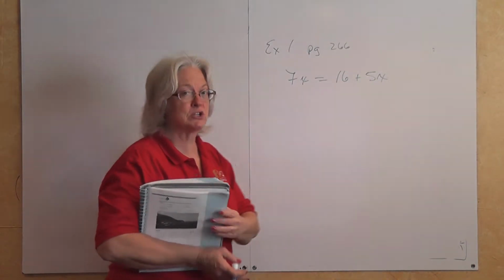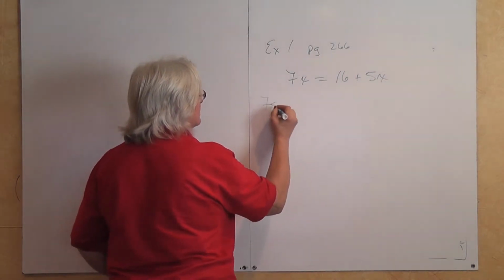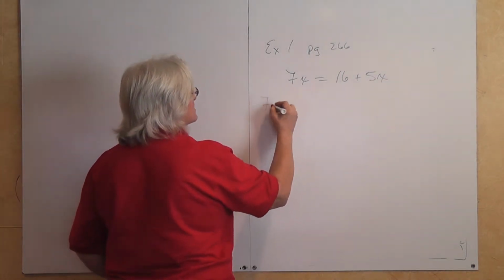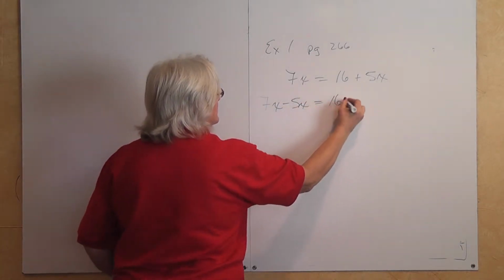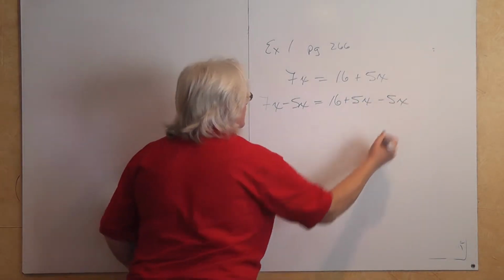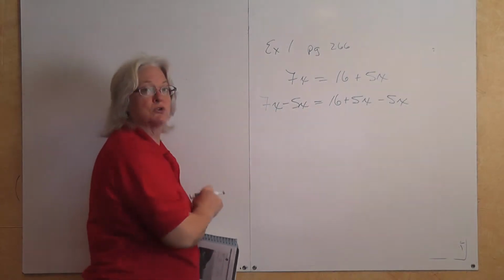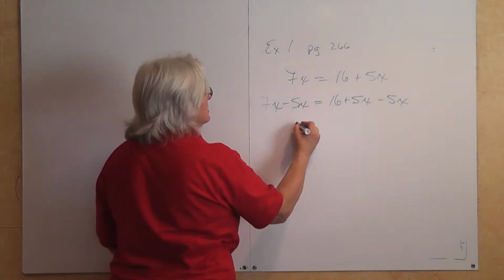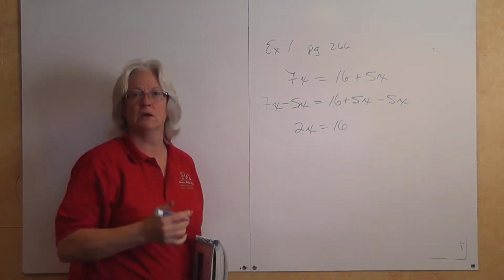The inverse operation to addition is subtraction, so we are going to now subtract a 5x from both sides of the equation. We have to make certain that we subtract that from both sides so that our equation stays in balance. Like terms, you subtract the coefficients. 2x is equal to 16.